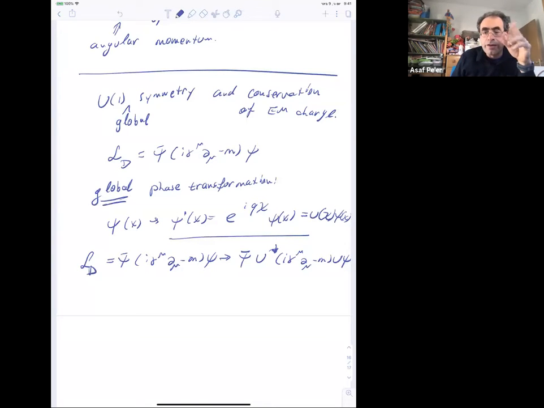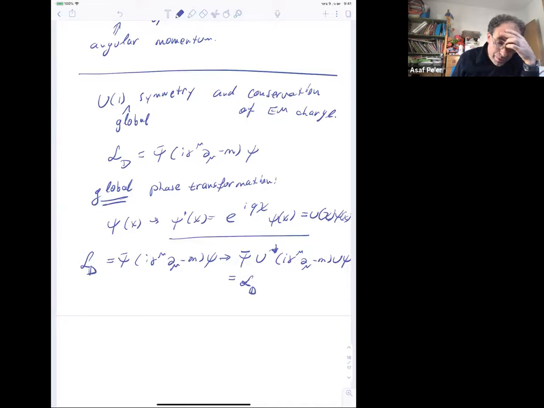And U, being a unitary constant matrix, can simply go through the ∂_μ because it's a global symmetry. So this is just going to be equal to L_D.